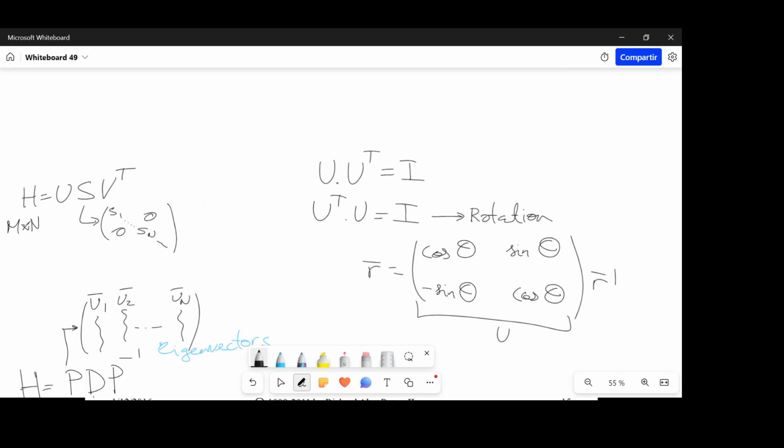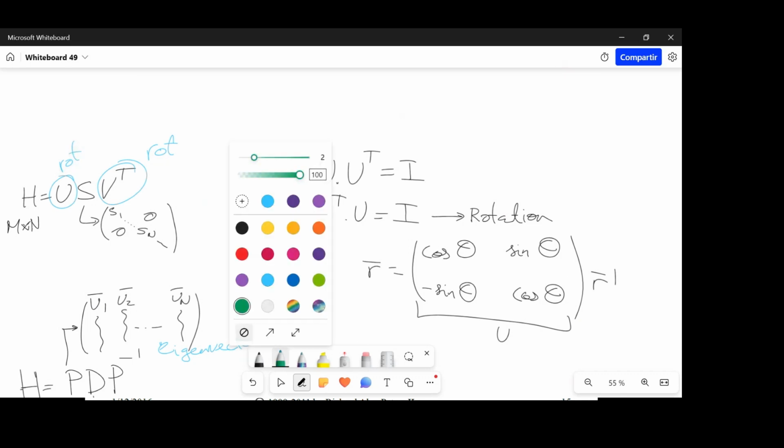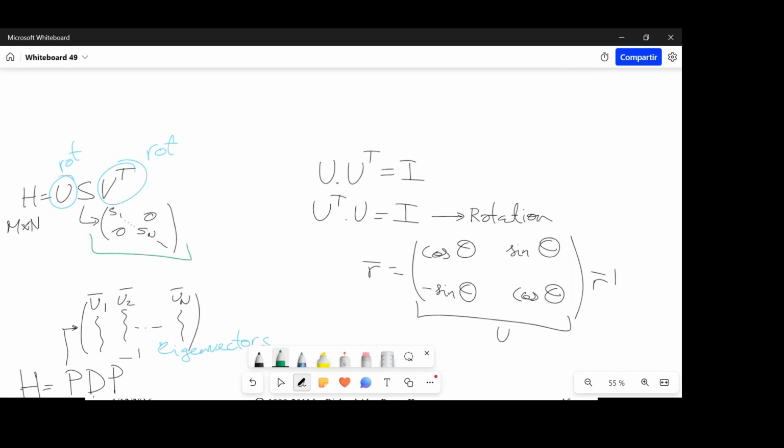So U and V are rotations. So what it is saying is that there is a rotation, another rotation, and there is a scaling. This is the scaling we just showed in the last lecture.